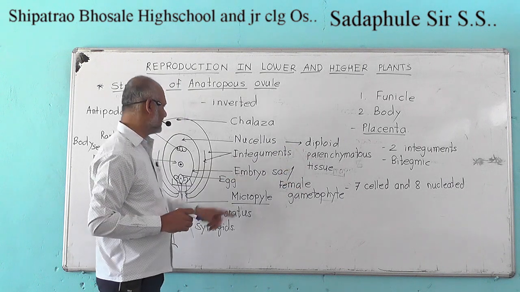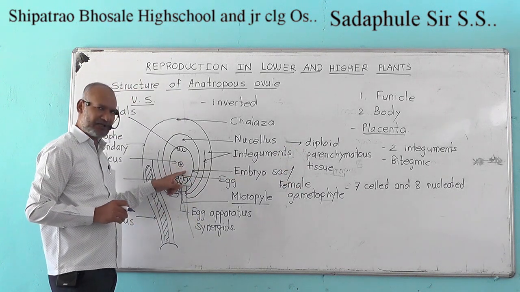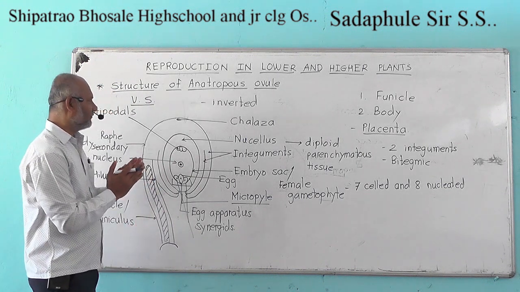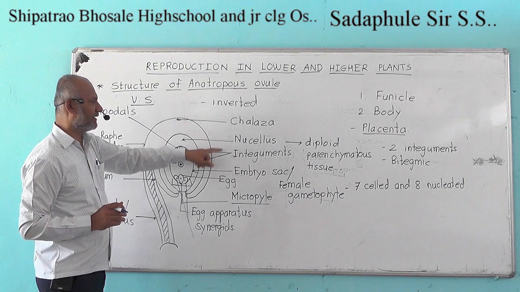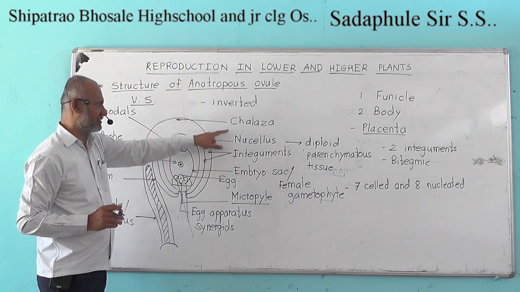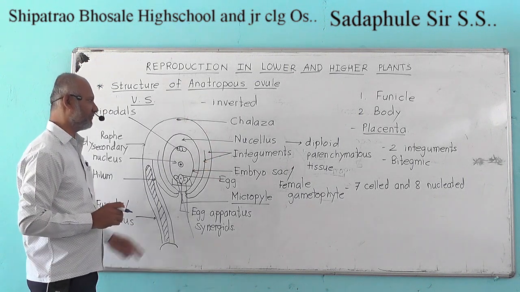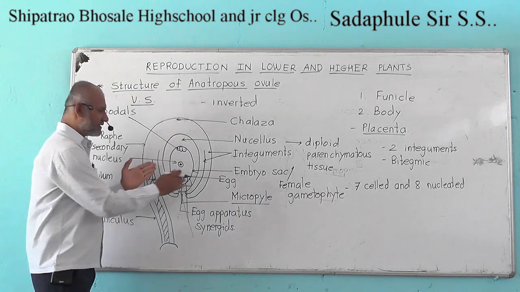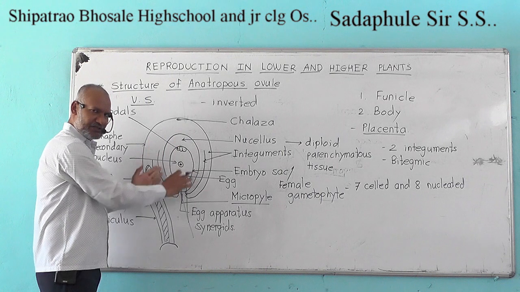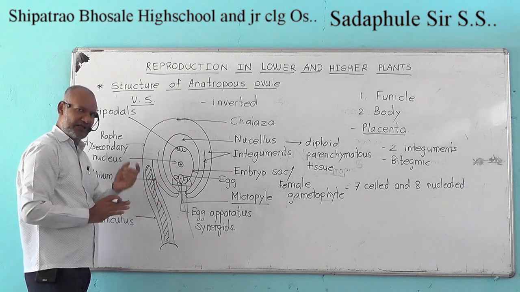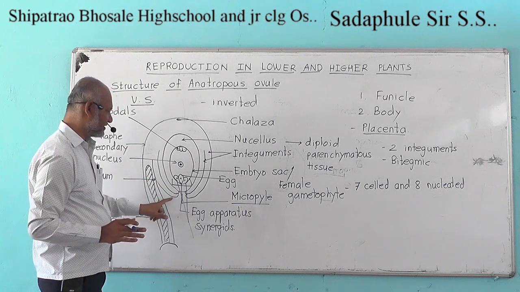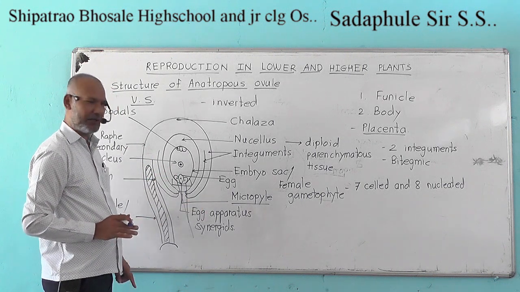At maturity, it produces female gametophyte or embryo sac. Then the part of the body from where integuments arise is termed as chalaza. It is the basal part of the ovule. These integuments cover nucellus incompletely, leaving a small gap at its tip, which is termed as micropyle.